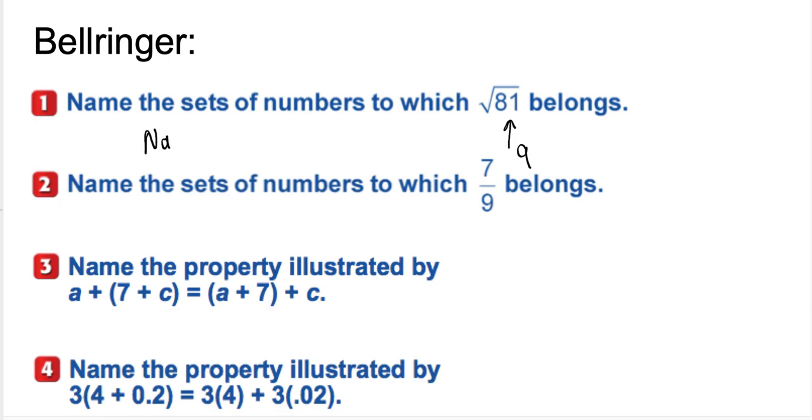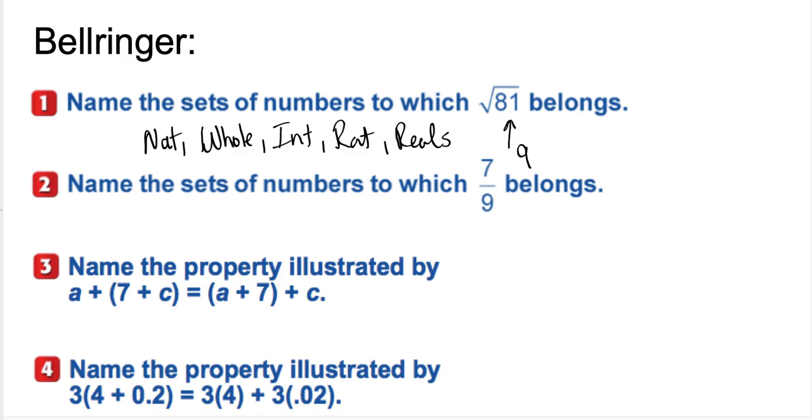Well, that's naturals, whole numbers, integers, rationals, and reals. It belongs to every single one of those number sets. It's a nice number, it's positive, we can make it a fraction, so that's included in all of those.